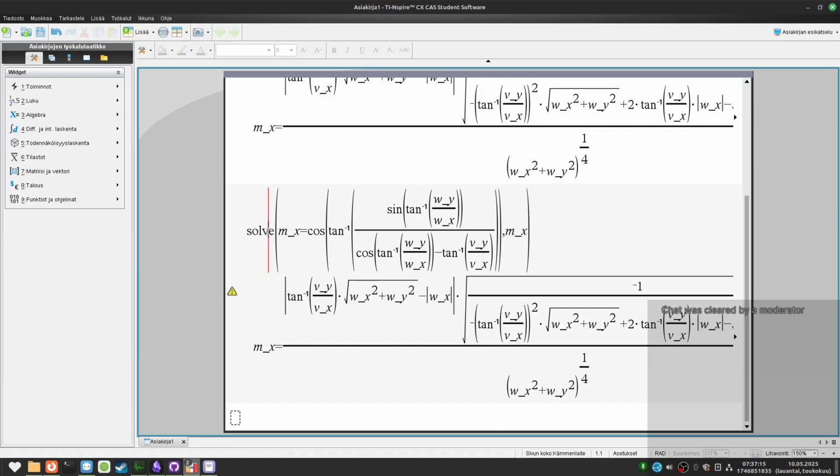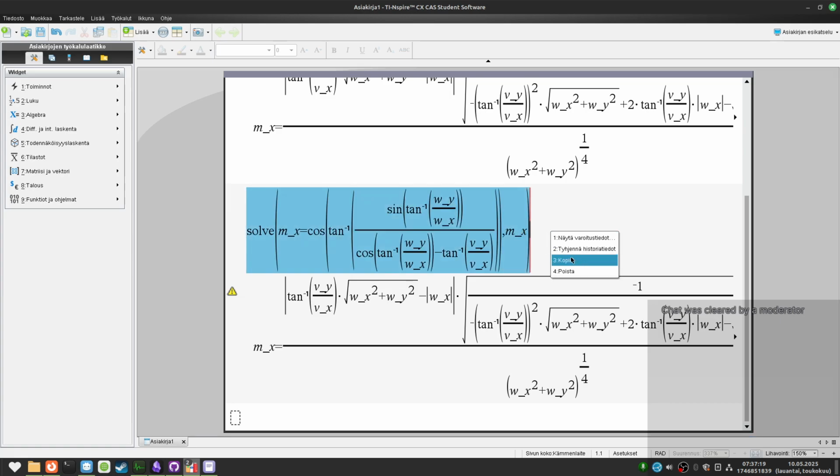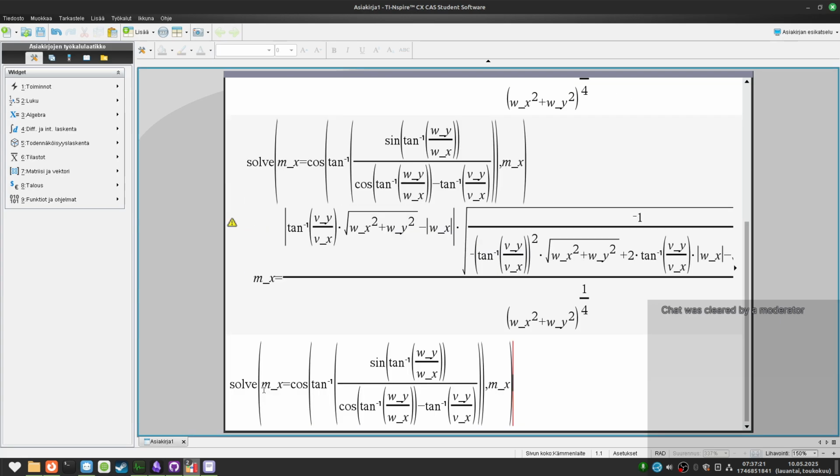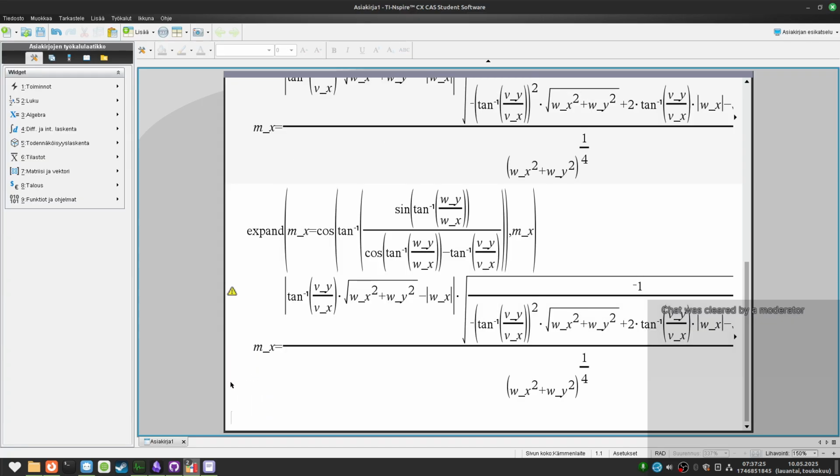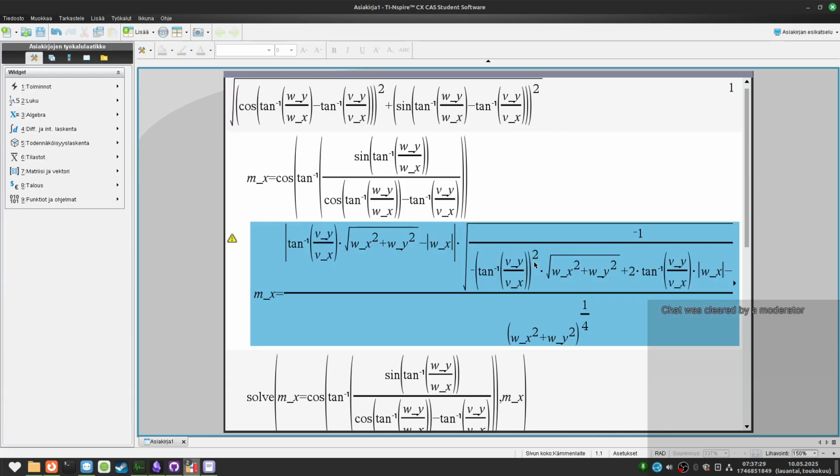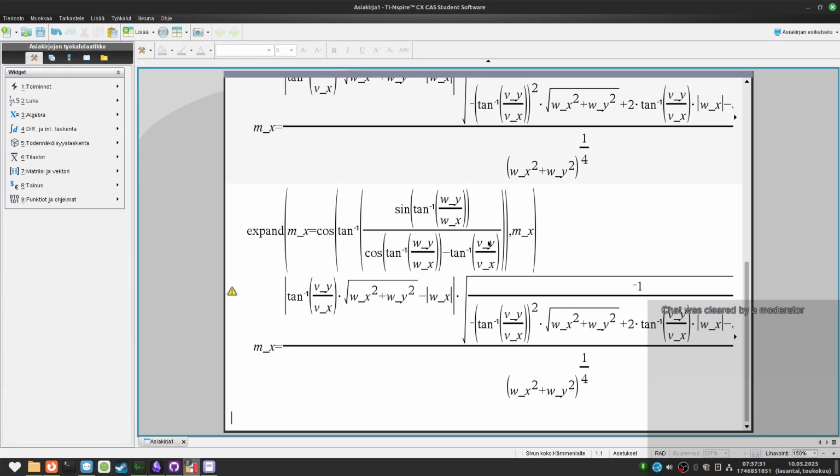No, it just does the same. Expand. You copy this. It's the same thing. Anyway, this has been a great adventure and I don't know what I'm doing.